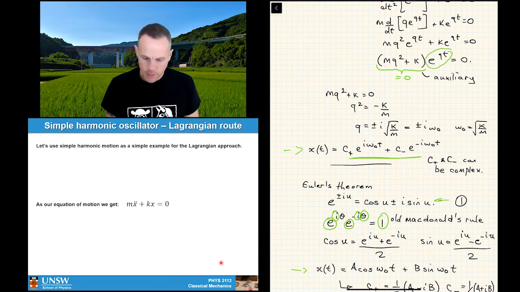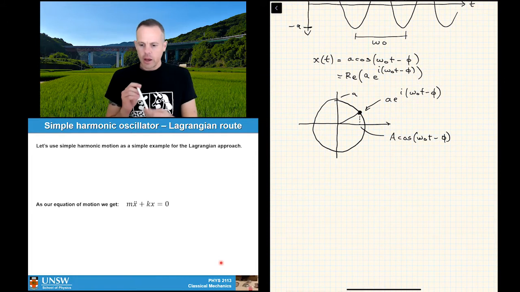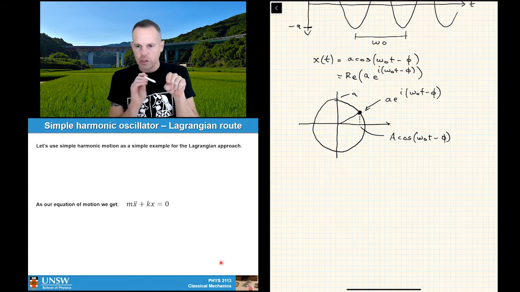Okay, so in the end, that's how those two things are related. And I think it's one of the nice observations of undergraduate physics that often isn't spelled out enough, is that essentially 1D harmonic motion is really just a projection of 2D circular motion.